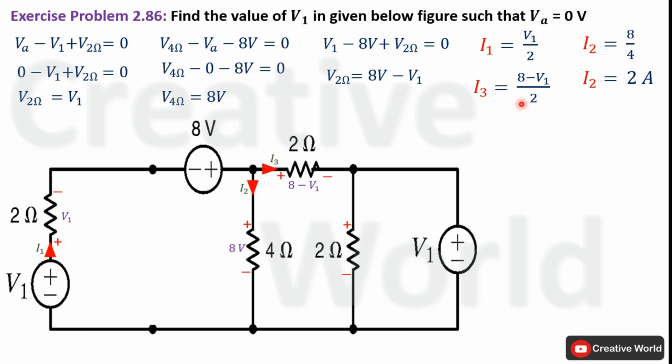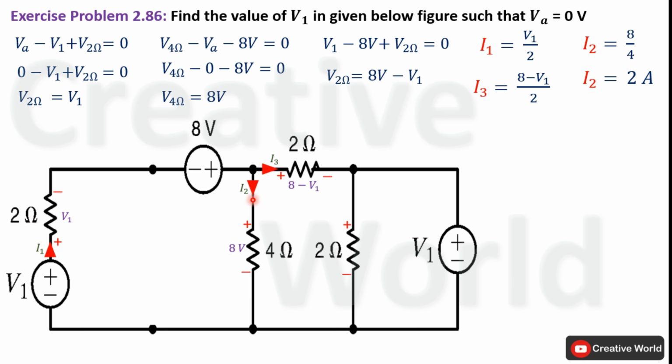Now we will apply Kirchhoff's current law on this node. On this node, one current is entering while 2 currents are leaving. Entering current is I1. The value of I1 is equal to the value of current through this 2 ohm resistance because of series connection.